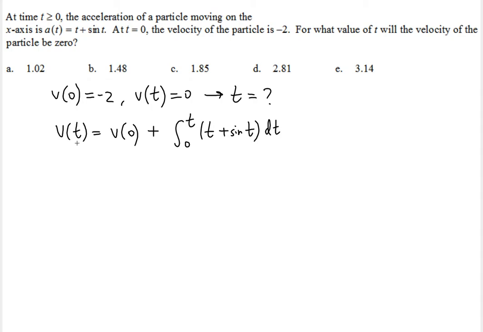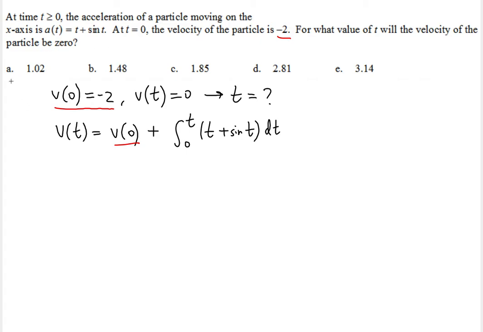So now we want to set the initial velocity as -2, so we make that substitution here. The velocity function will be -2 plus the integral. We also want to substitute the velocity function with 0, because that's what the last question requires: for what value of t would the velocity of the particle be 0?